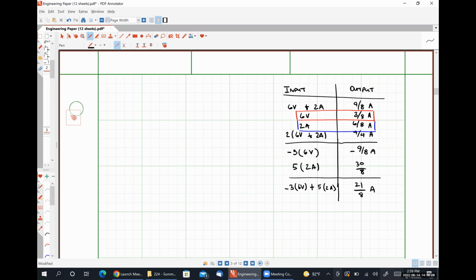So if I scale my voltage source by a factor of -3, so I have a 6-volt source multiplied by 3 is going to be 18 volts. The negative sign means I need to change the polarity of my voltage source. So I'm going to have negative on top, positive on bottom, 18 volts.